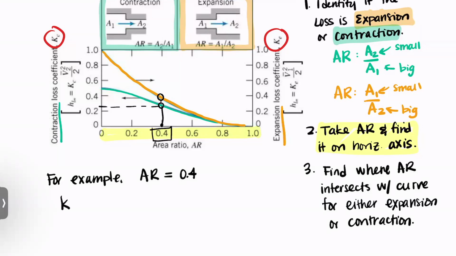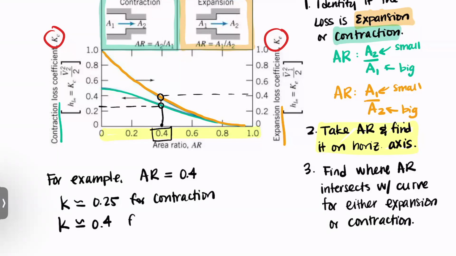So if I have an area ratio of 0.4, the K value for contraction is about 0.25, and my K value for expansion is roughly 0.4. Does that make sense?